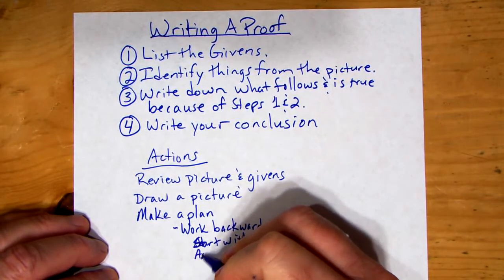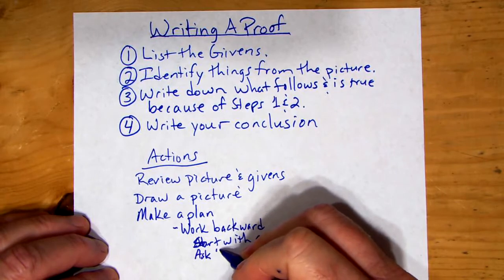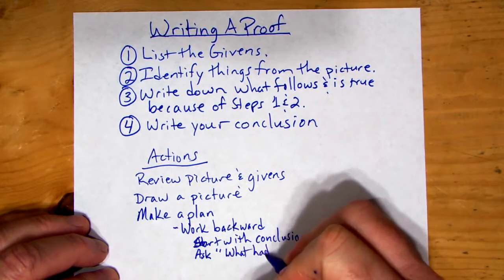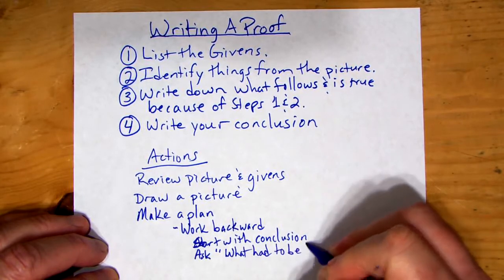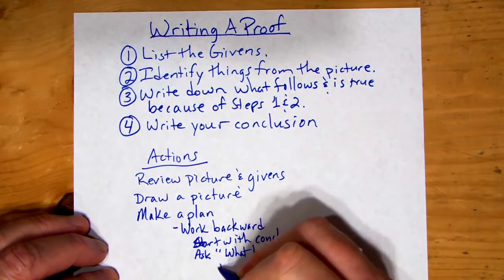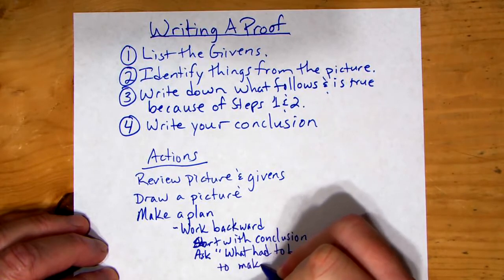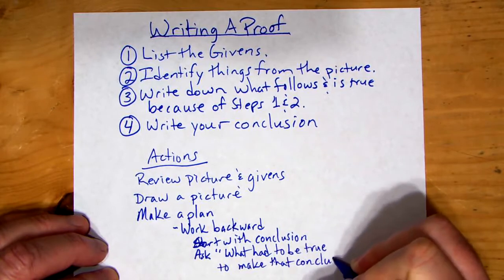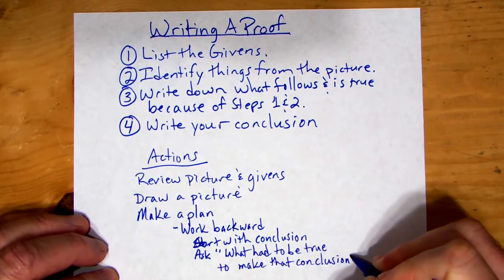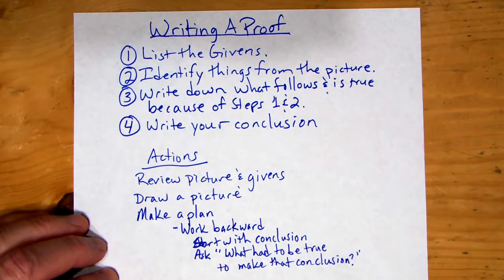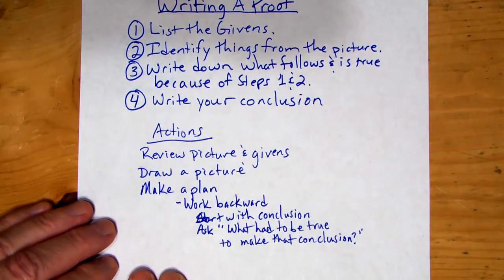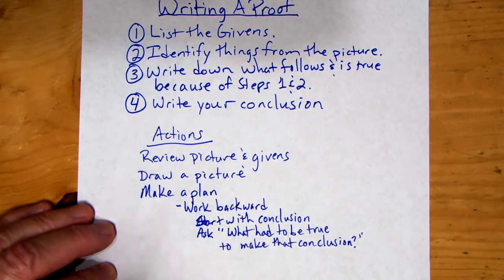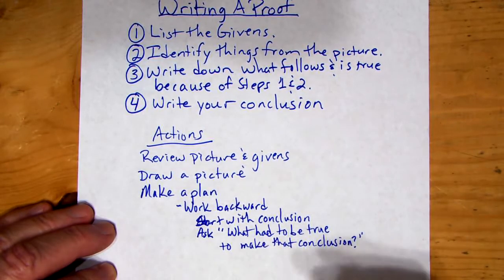and then ask, what had to be true to make that conclusion? And this is where the work of making your plan becomes iterative, which means it keeps repeating its own process.